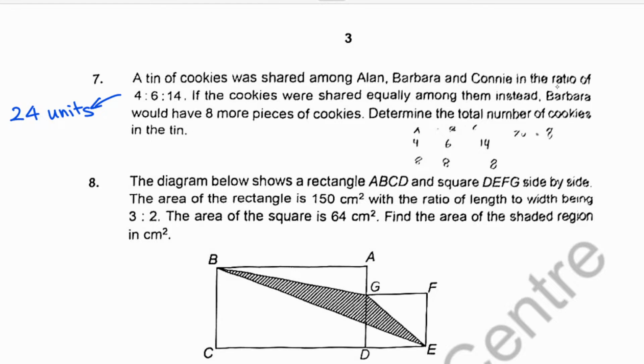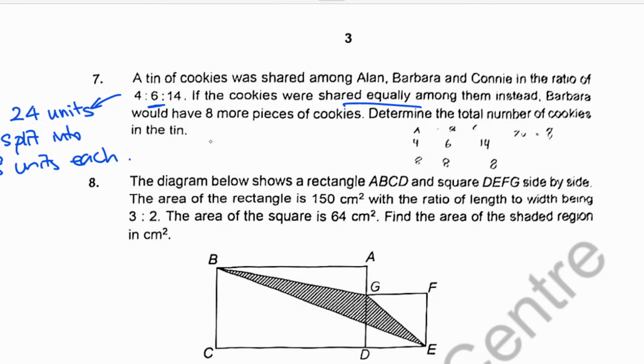And then Barbara, if the cookies were shared equally, right? 24 units will be split into 8 units each, because 24 divided by 3 is 8. So Barbara would have 8 more pieces of cookies. At first, she would have 6 units.